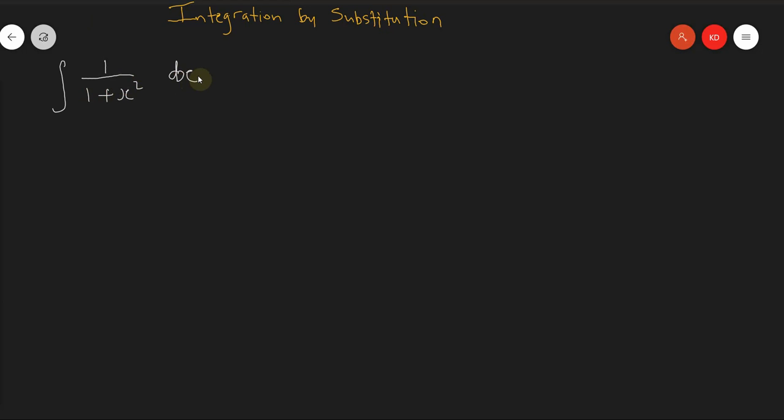For this problem, it actually tells you to use the substitution x equal tan u. Right, as I said before, depending on what you're doing, some problems might give you what substitution to use, others may not.